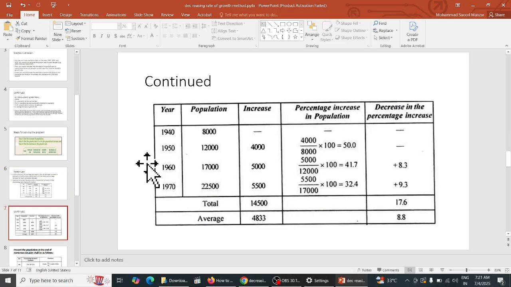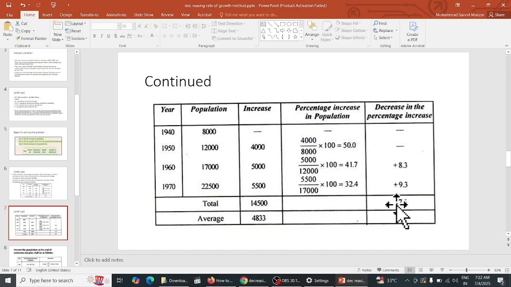Okay, now let us go ahead and see. So here in the first column we have the year, population increase, percentage increase. This is in continuation with slide number 6, the last slide. This is r1, r2, r3. So this value here is r1 minus r2, and this is r2 minus r3.